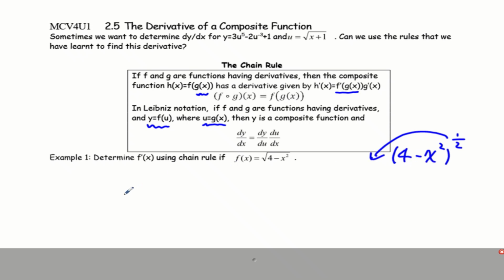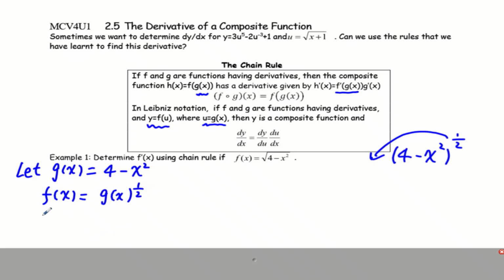But we want to use the chain rule and see how it works. So let g of x equal whatever is under the square root, 4 minus x squared. Then f of x we could write as g of x to the exponent 1 over 2.